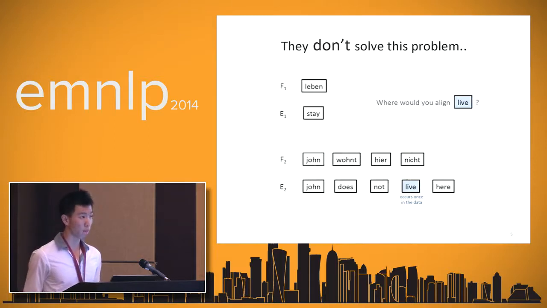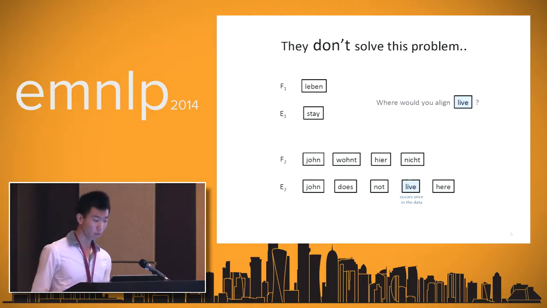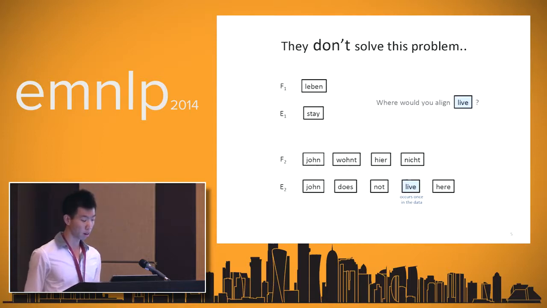One drawback of those previous models is that they have a problem when they see rare words. Here is an example. We have two sets of parallel sentences here. One is Leben and stay at the top of the screen, and they are only one word each. At the bottom of the screen, you can see another pair of sentences, John wohnt hier nicht, and John does not live here.